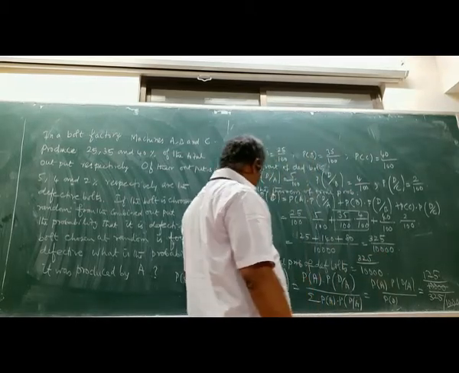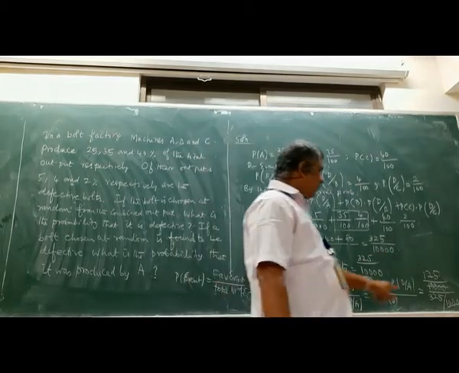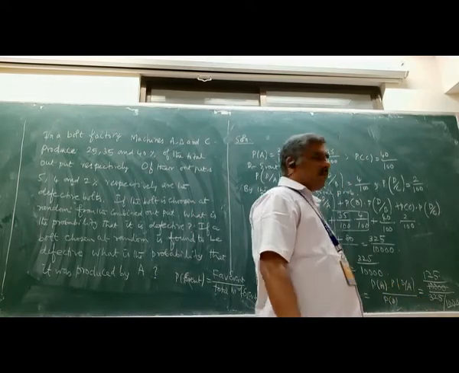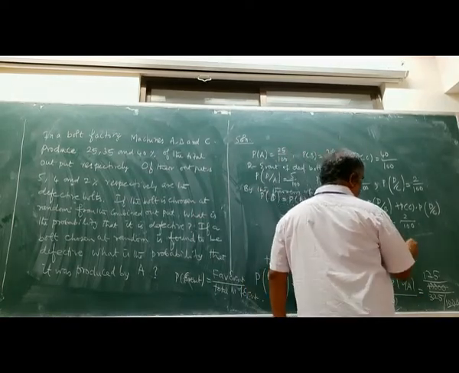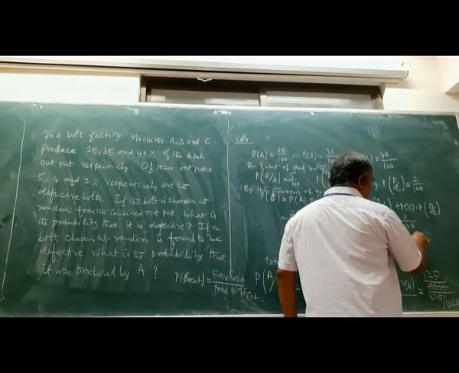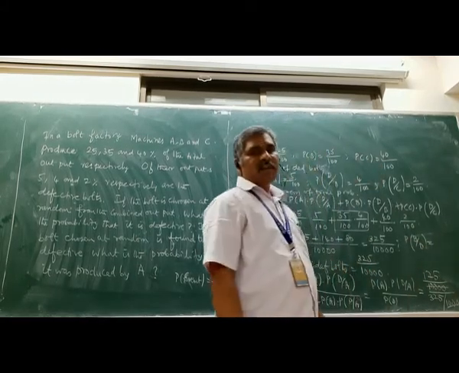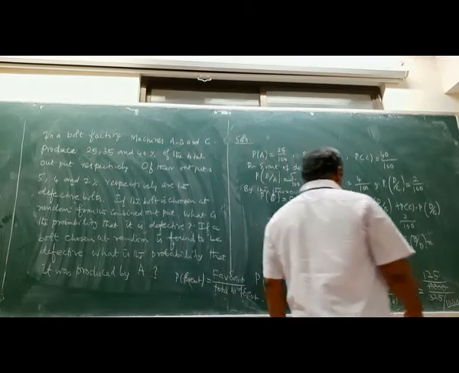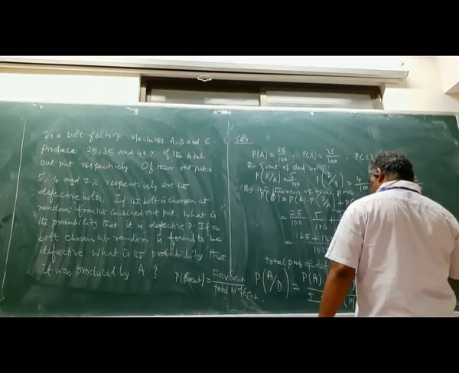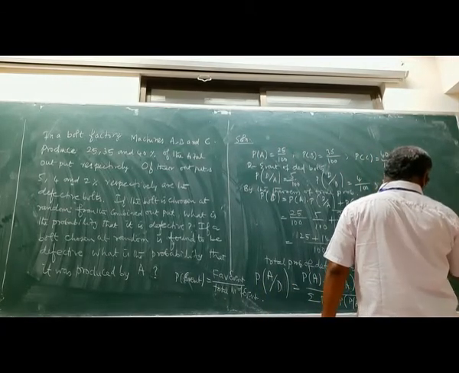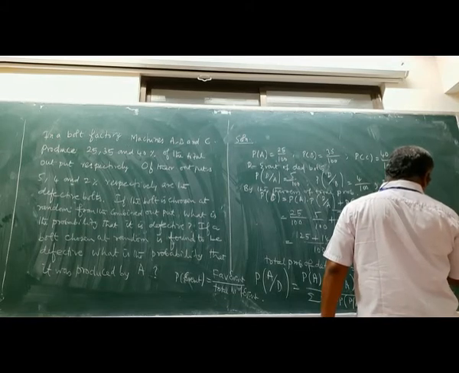So probability of A by D is 125 by 325. Similarly, if you want to find the probability of B by D, that is equal to 140 by 325.